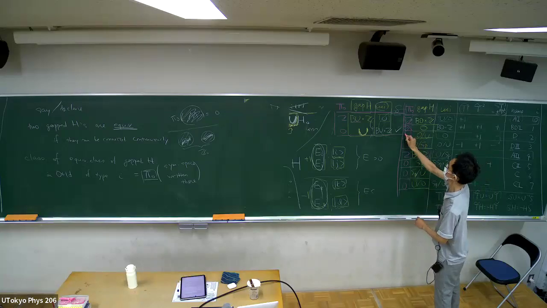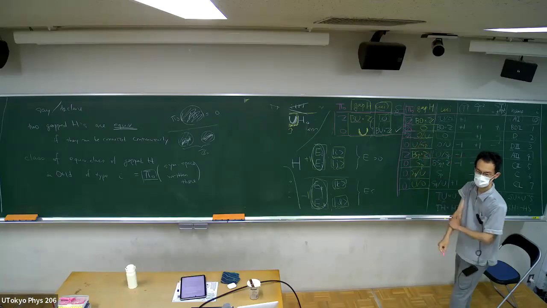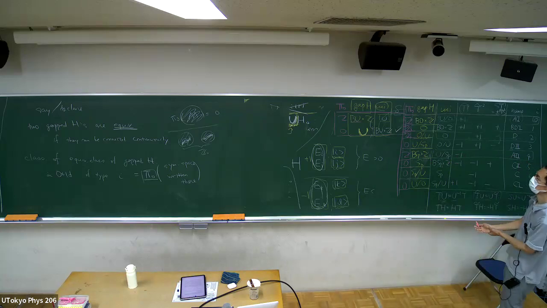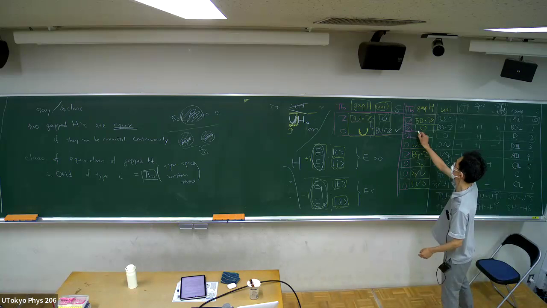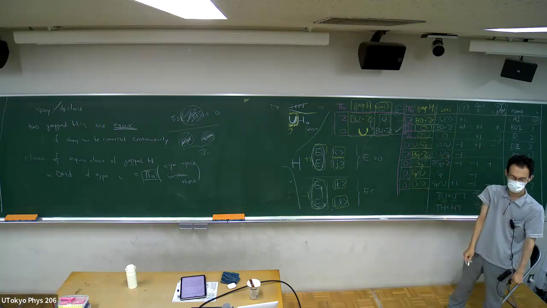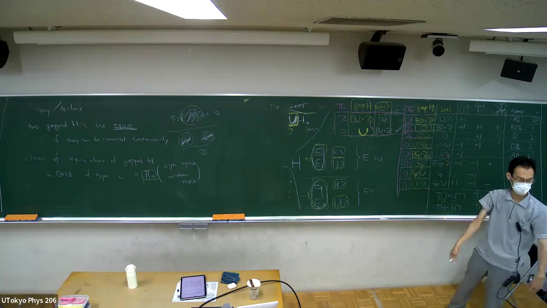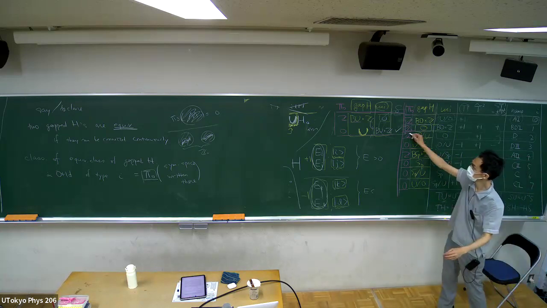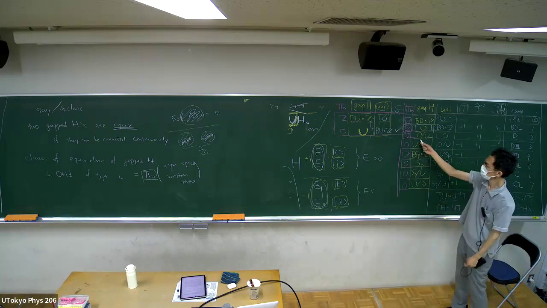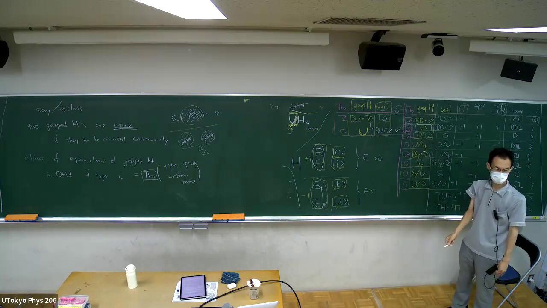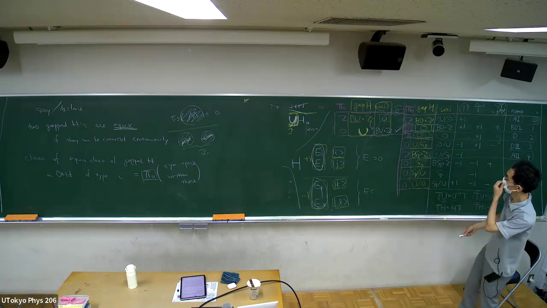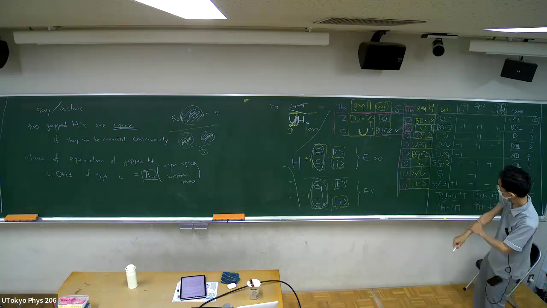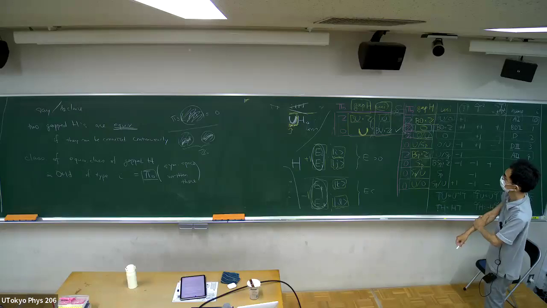And these two are Z2. I'm not getting into detail, but you know that the space of orthogonal matrices is not connected. If you take an orthogonal matrix, you can take its determinant, and the determinant is +1 or -1. So that gives Z2. Similarly, O over U is orthogonal matrices up to some unitary transformation.